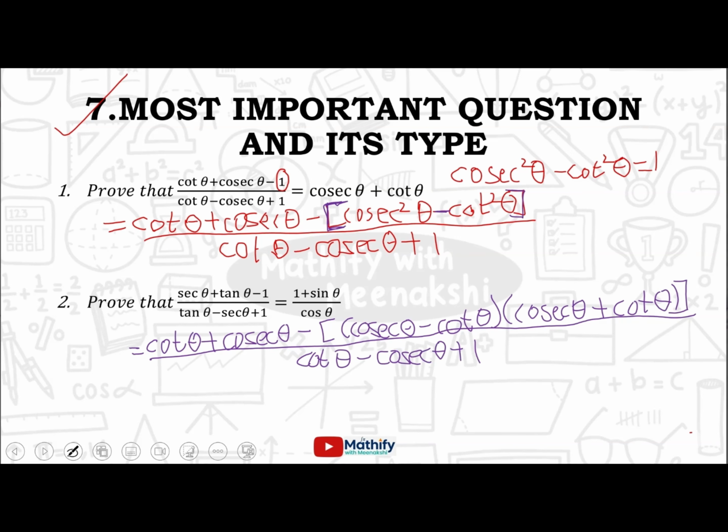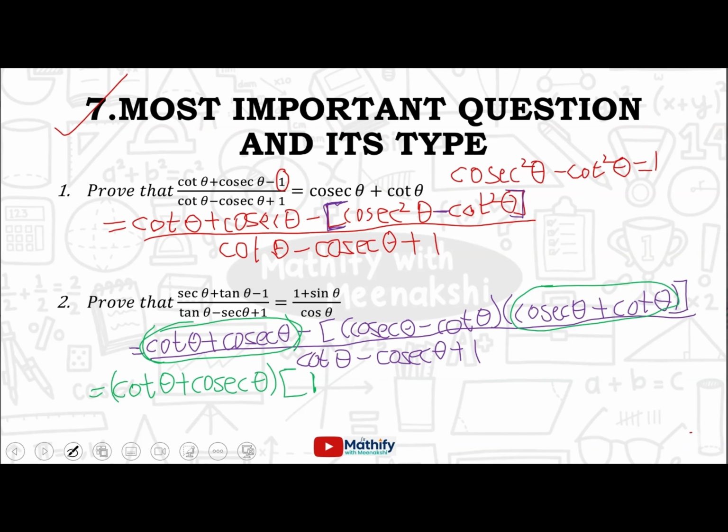Now, did you observe something here? Yes. Just see this one and this one. Both are same. So can I take this common? Yes, you can take this common. Just write cot theta plus cosec theta outside. And in bracket, what are we left with? If you have taken everything common, that means we are left with 1.